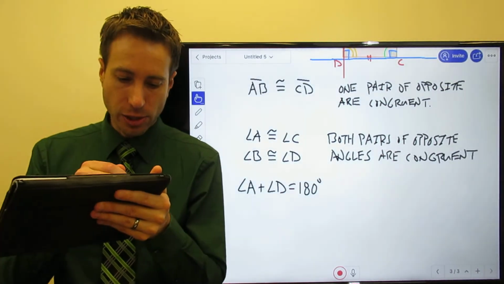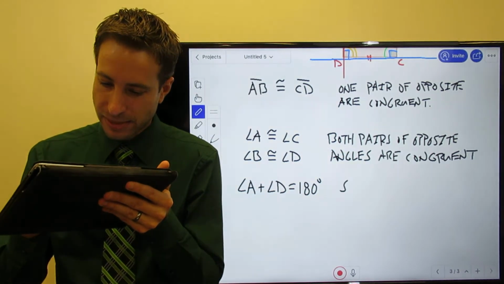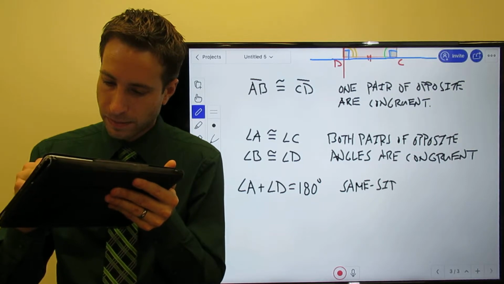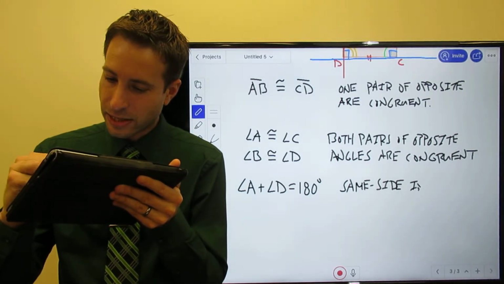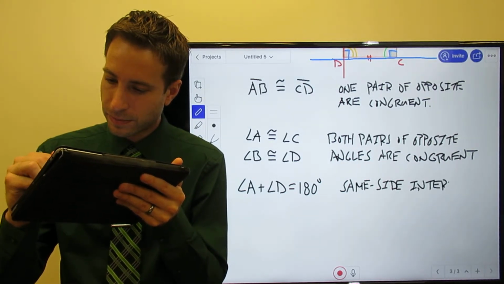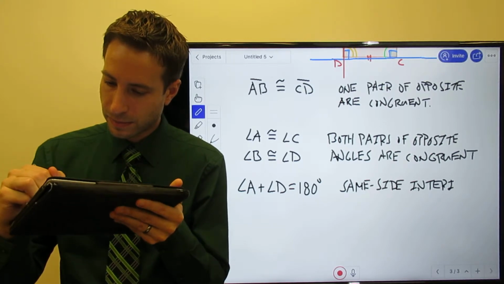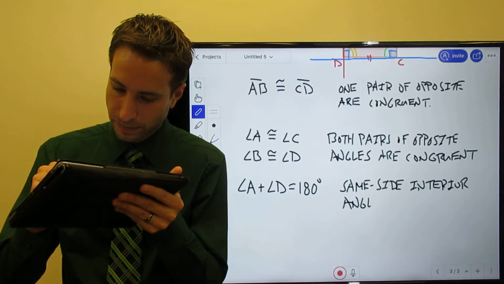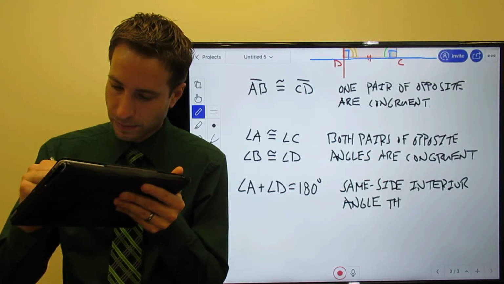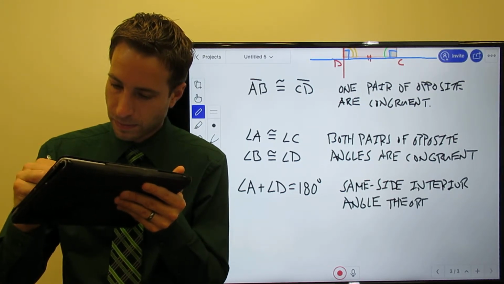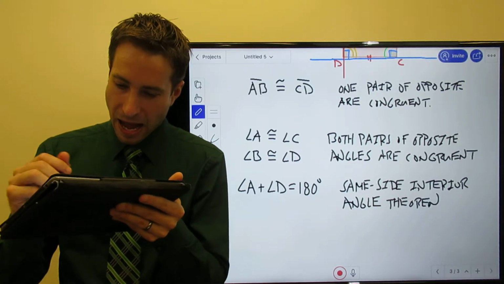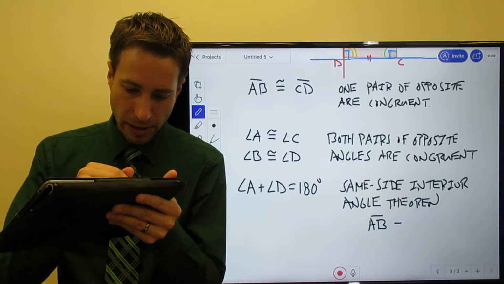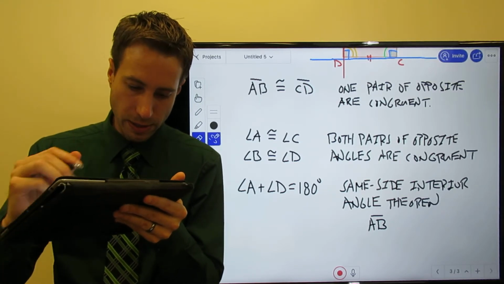So, thanks to the same side interior angle theorem, I know that AB is parallel, sorry, I was drawing the congruent symbol.